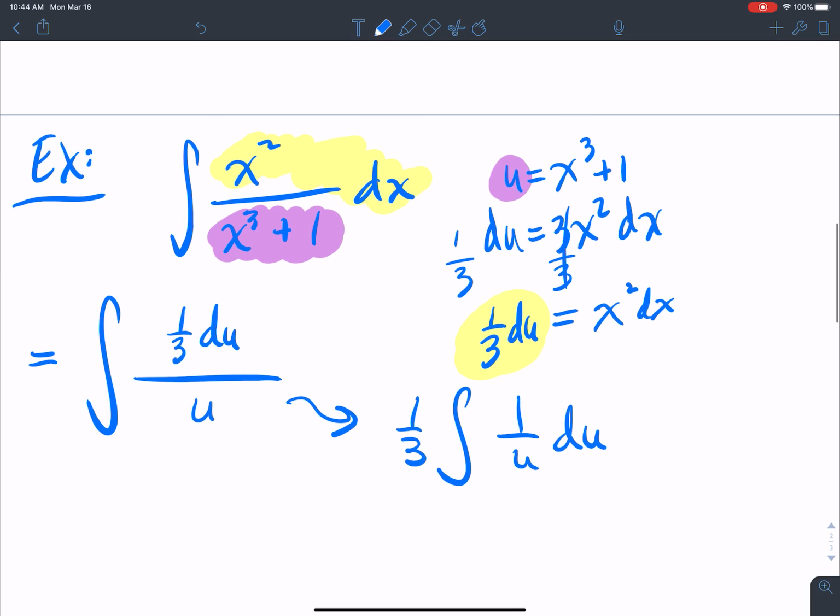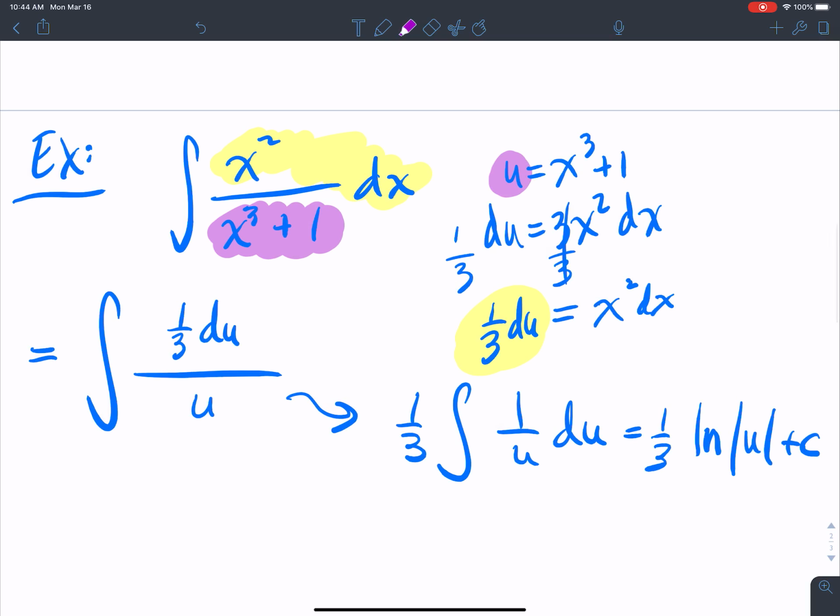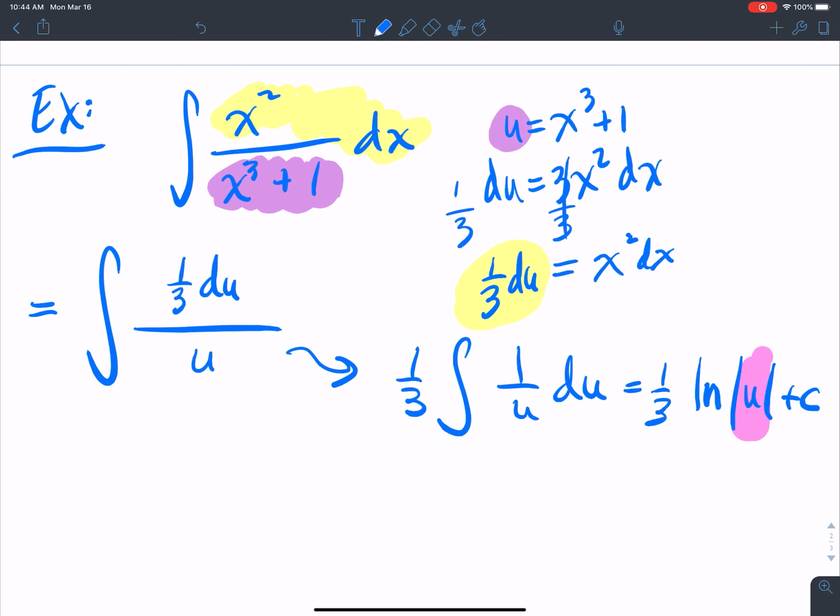Now, that should be a pretty easy integral. This is just 1/3 ln absolute value u plus c. But we don't leave our answer in terms of u because we started in terms of x. Our example was in terms of x. So let's make our solution in terms of x.